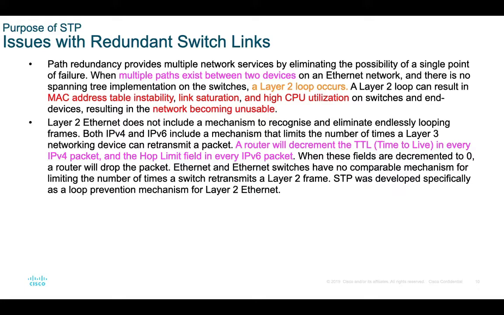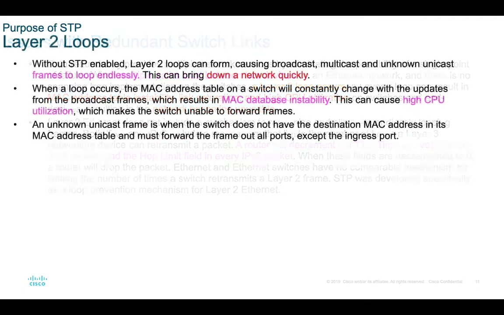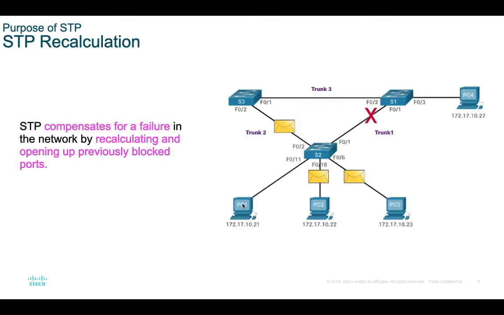So how can MAC address table instability happen? Let's say PC1 is sending a broadcast, with a MAC address, let's say AAAA. Switch 2 records a frame coming from F0/11 with MAC address AAAA inside its MAC address table, and then the broadcast is sent to all other ports: trunk 1 to switch 1, to switch 3, to PC2, to PC3.